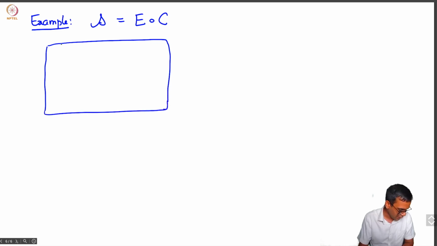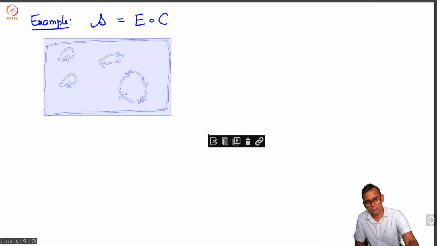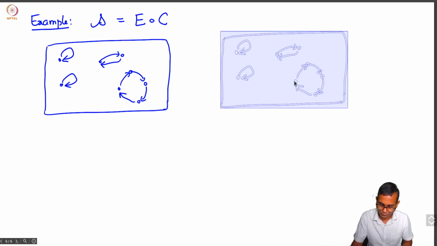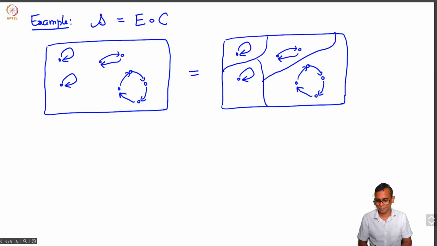Any permutation has a cycle decomposition, maybe some 2 cycles, maybe a 4 cycle, and so on. And you can just take each cycle as a block. So this is S, this is E circle C.